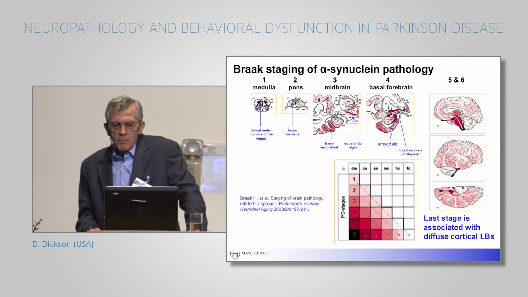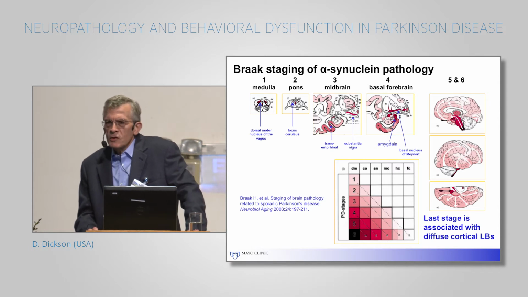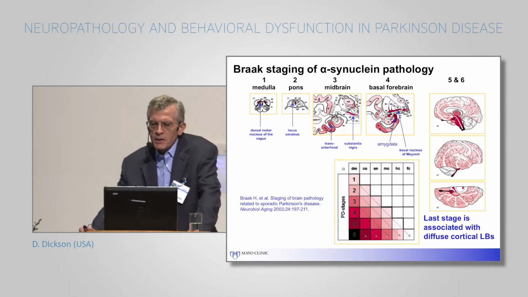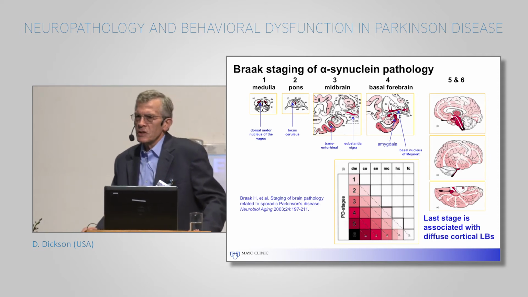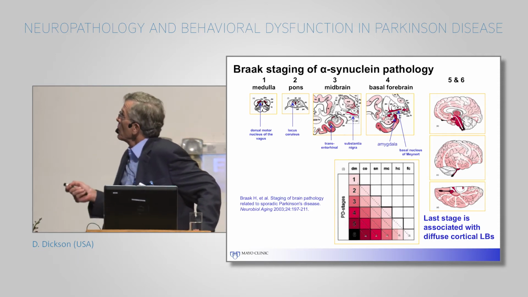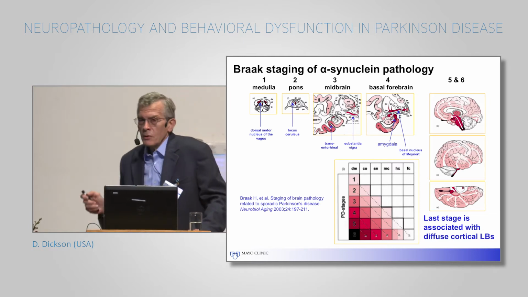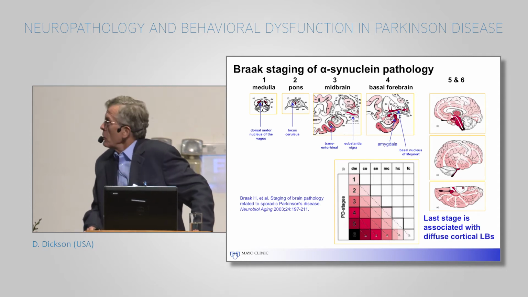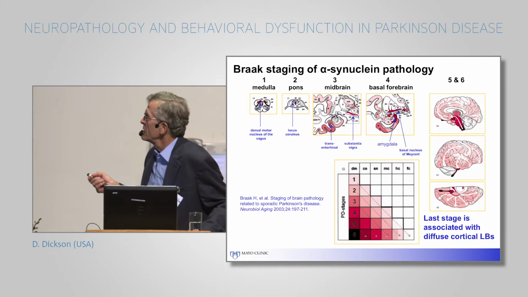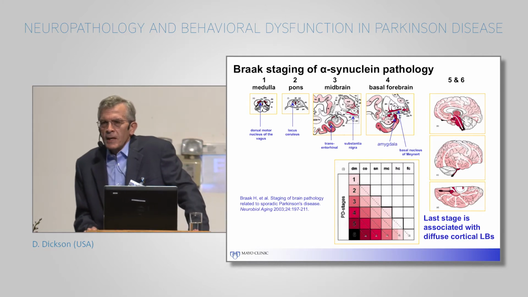It's been presented at this meeting already, the seminal contributions of Heiko Braak and his colleagues in proposing a staging for synuclein pathology in the setting of Parkinson's disease, where the initial pathology begins in the olfactory bulb and lower parts of the brainstem, with eventual progression in a caudal-to-rostral manner, with the end stage of the disease associated with widespread cortical Lewy bodies.